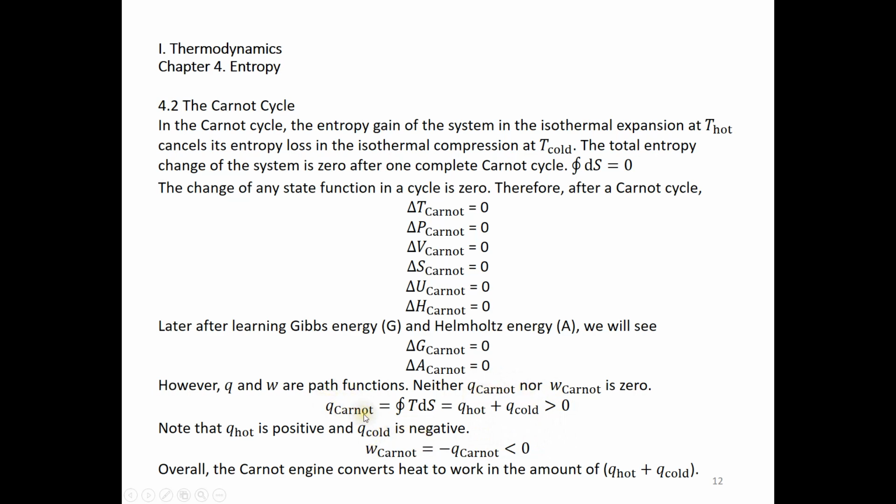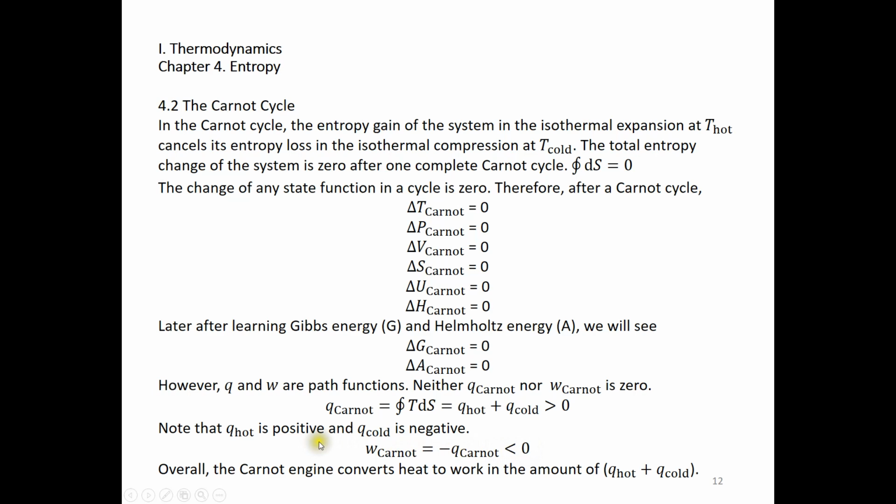This Q of a Carnot cycle and this W of a Carnot cycle should cancel, so that delta U in the end is 0. And overall, the Carnot engine converts heat to work. So if you think about this, Q Carnot is greater than 0, so in each Carnot cycle, heat flows into this Carnot engine, and the W of this Carnot cycle is less than 0.